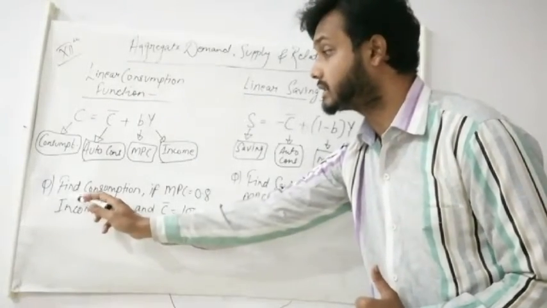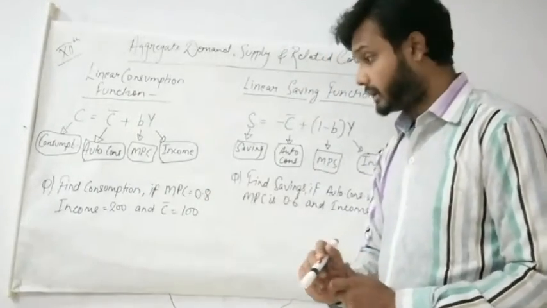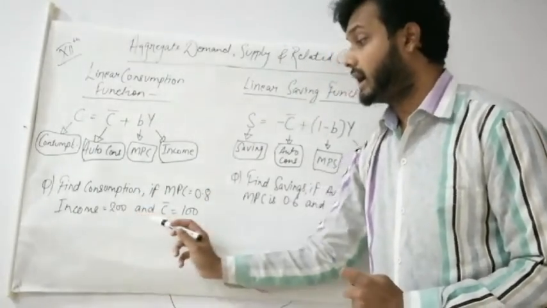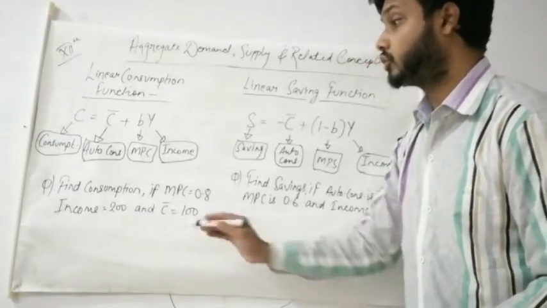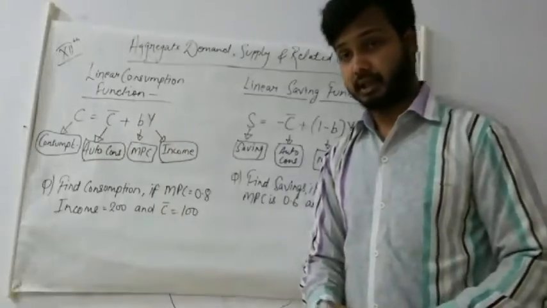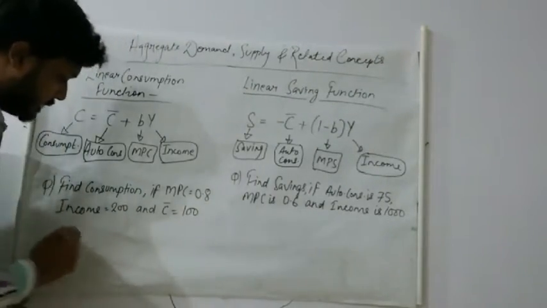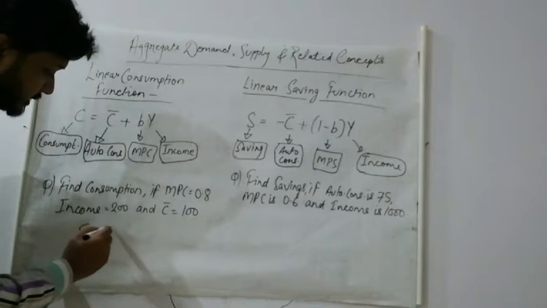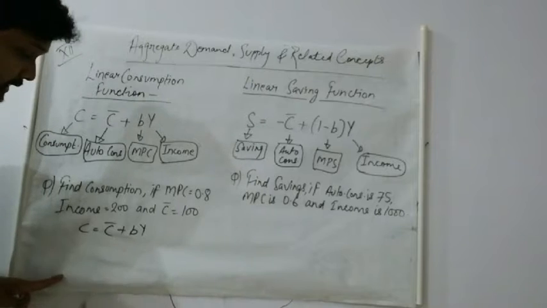See, in this question it is given: find consumption if MPC is equal to 0.8, income is 200 and autonomous consumption is 100, or C̄ is 100. So we have to find the value of consumption here. Very simply, we will put all the values in the formula and we'll get the answer. This is our equation.